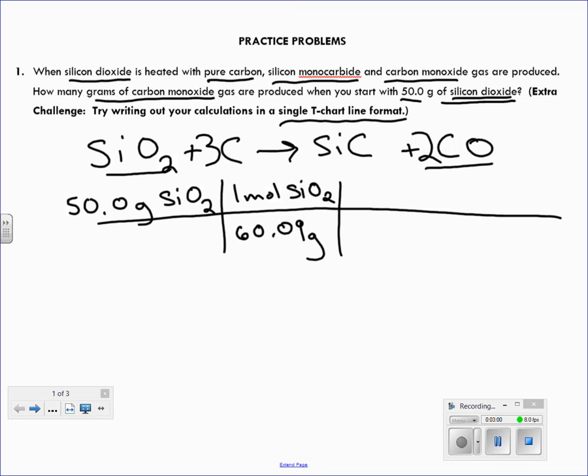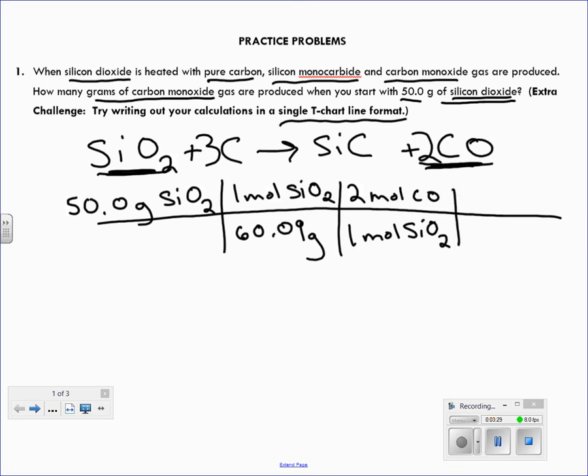Okay, step 3 is using a mole-to-mole conversion. Think about that mole-hole converter. Using a mole-to-mole conversion with my balanced equation, I know that for every 1 mole of silicon dioxide, I actually get 2 moles of carbon monoxide. So I'm going to use that. 1 mole of SiO2 reacts to form 2 moles carbon monoxide.